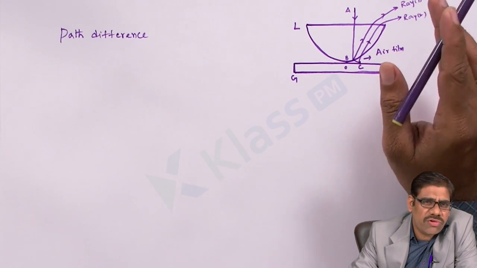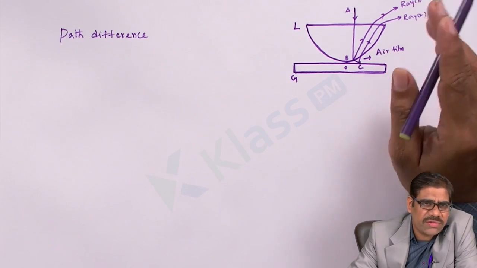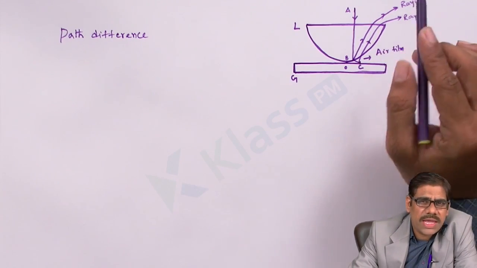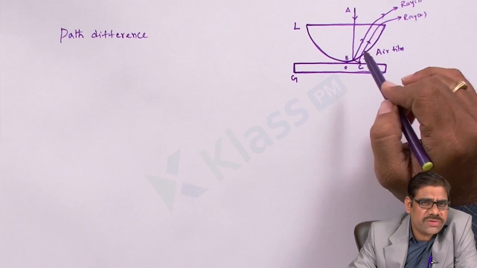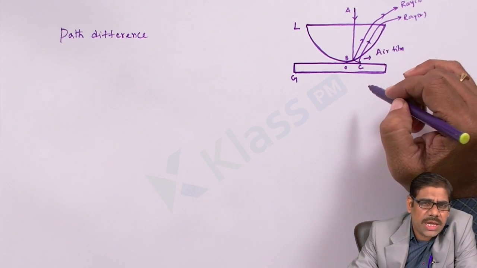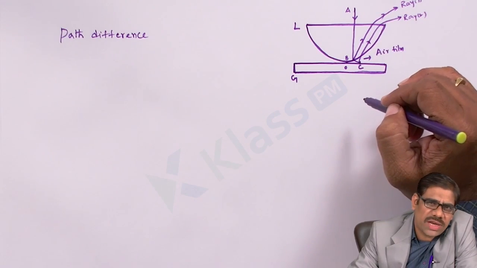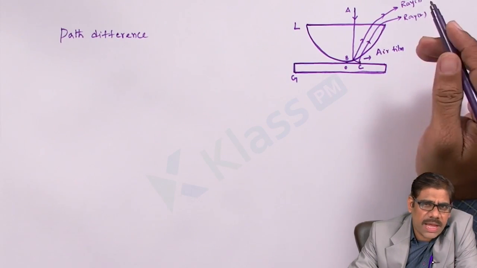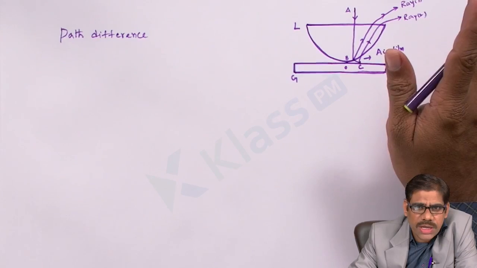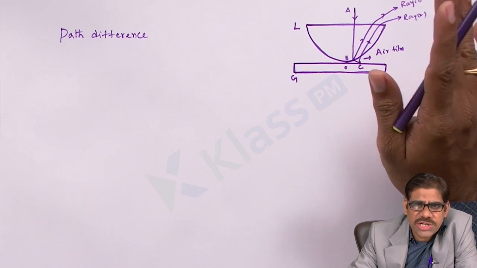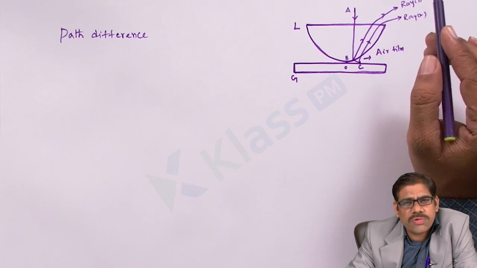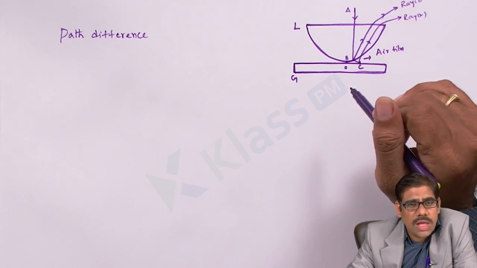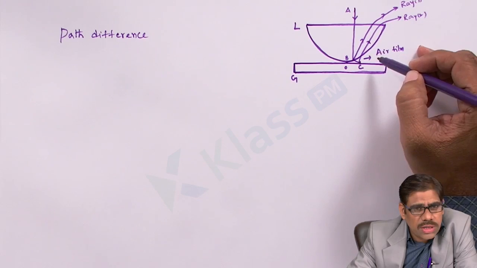That is, there is no phase difference for that one. So the phase difference is 0 in the case of ray 1, because it directly meets the lower half of the convex lens and is reflected back without any change in the phase.